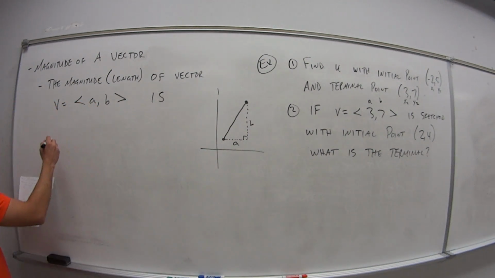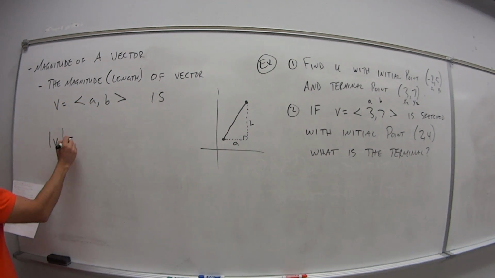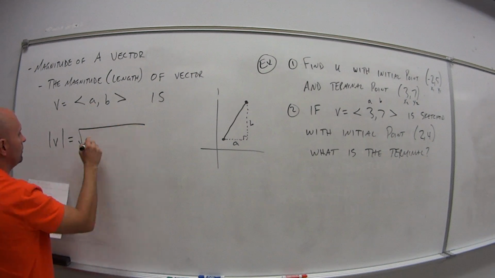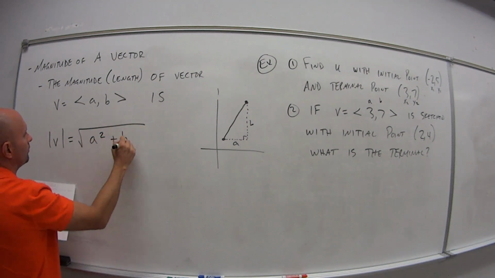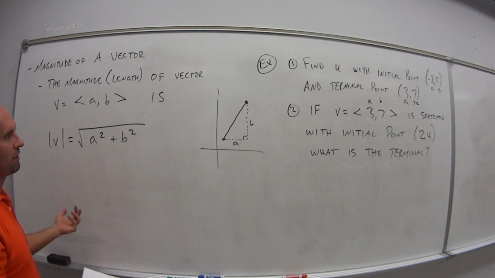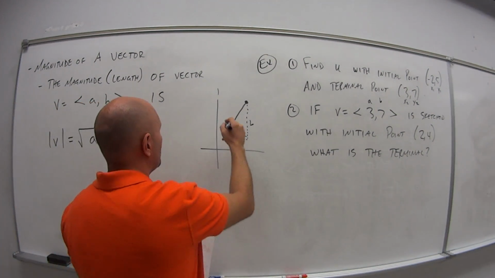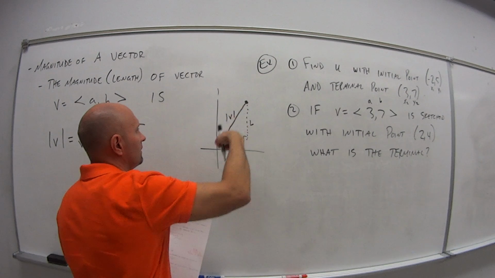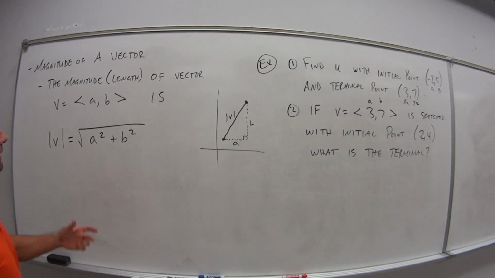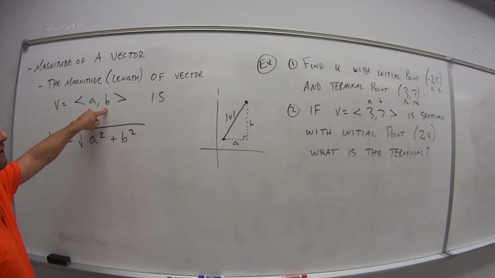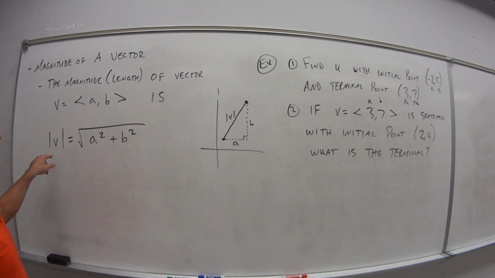Well, the magnitude of a vector is the square root of a squared plus b squared. It's off of the Pythagorean theorem again. If I want to know the length of that solid line, if I'm given a and b as the dimensions of the vector, it's just the square root of a squared plus b squared.